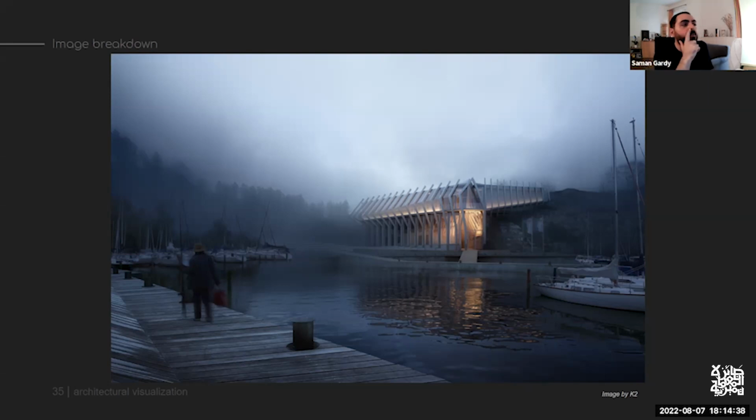I want to mention something. For example, if you look at some of Zaha Hadid's animations, they put white or black characters without any details. Of course, that's a part of the design philosophy. It means the design is more important than the users.